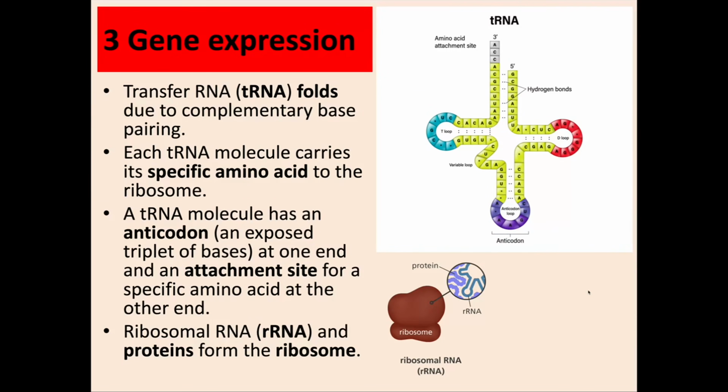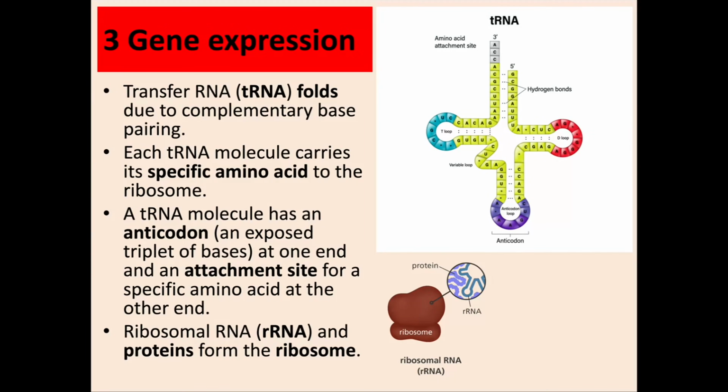Let's talk about the types of RNA then, because we've mentioned messenger RNA already. Now we're going to talk about tRNA and rRNA. So transfer RNA, or tRNA, folds due to complementary base pairing. We can see in this nice diagram here that it folds into an almost T shape. I always say to my class, that's how to remember what tRNA looks like.